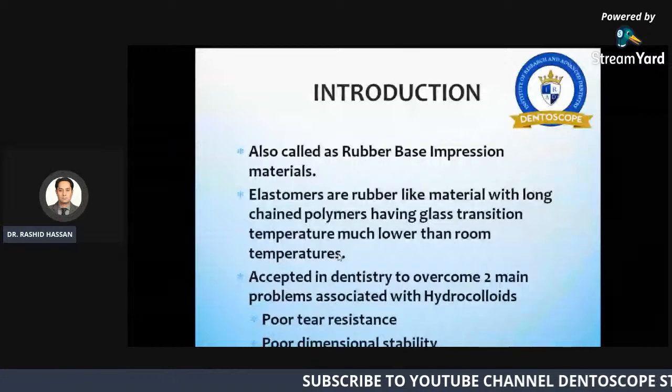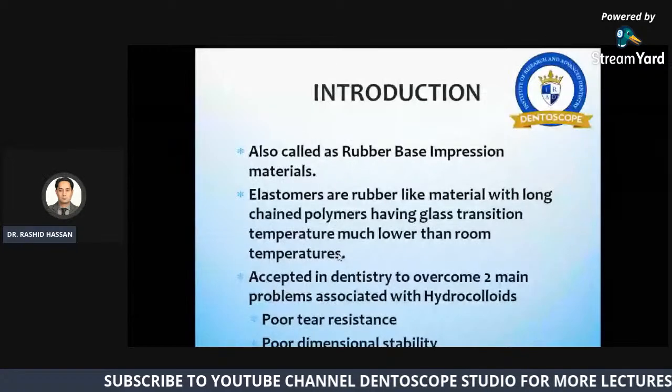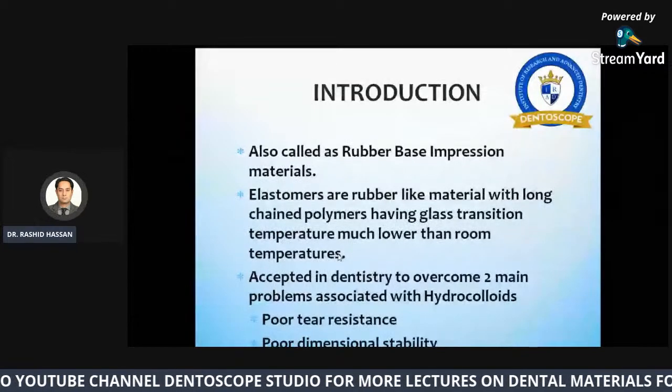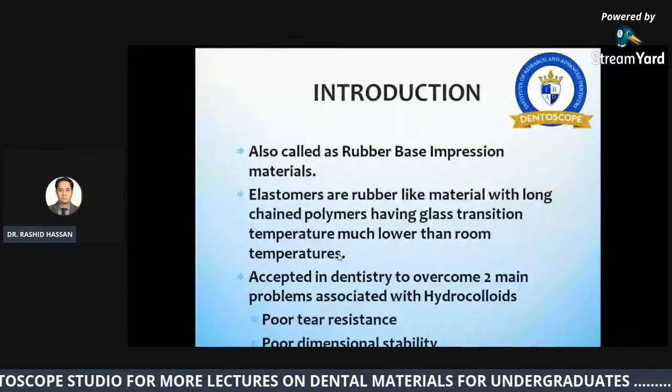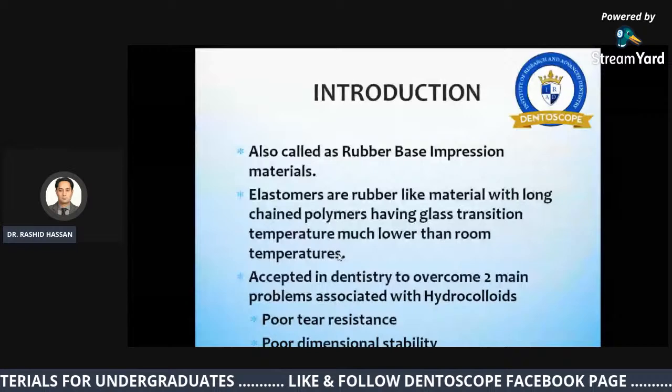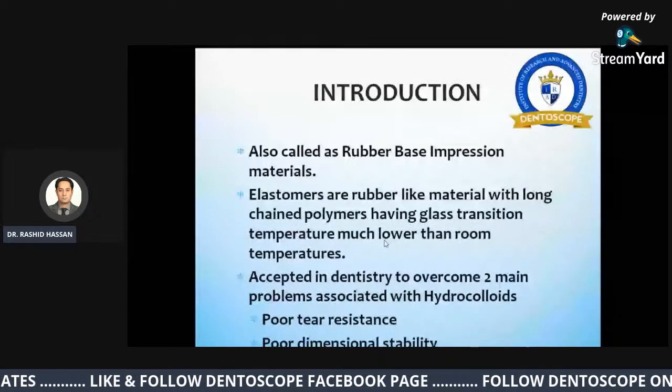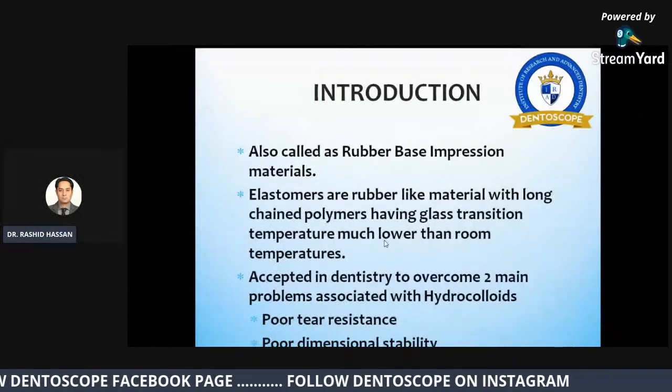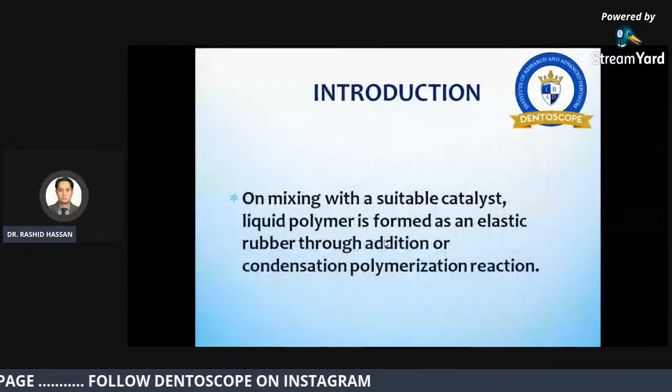So that's why there was a need to get a more sophisticated, more accurate impression material, which is the rubber-based impression material or elastomers. So to overcome these two problems, the elastomers were formed.